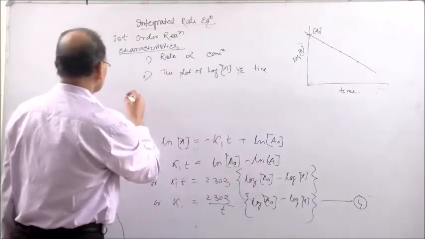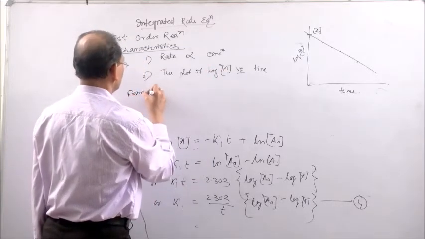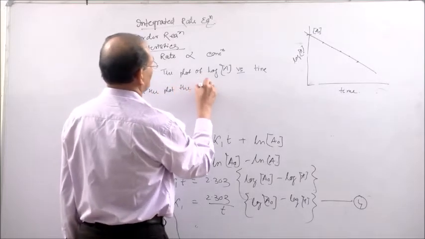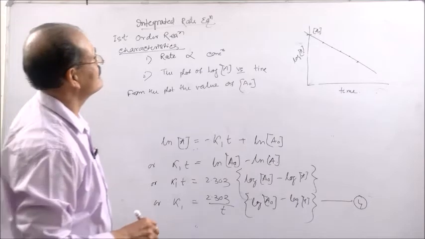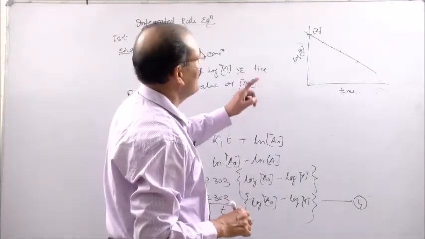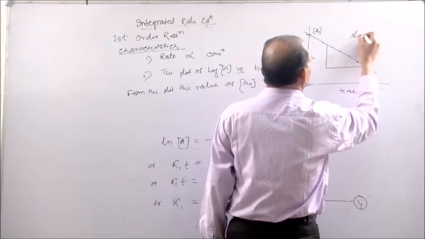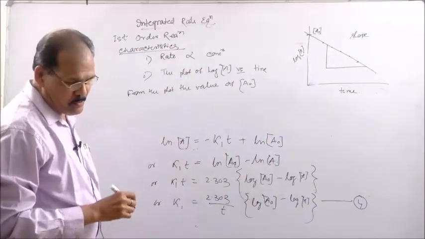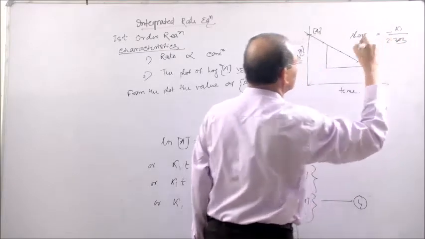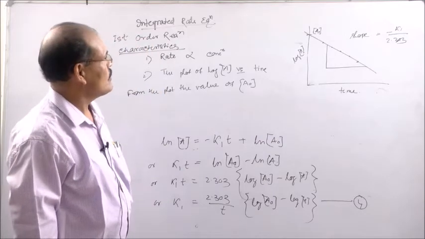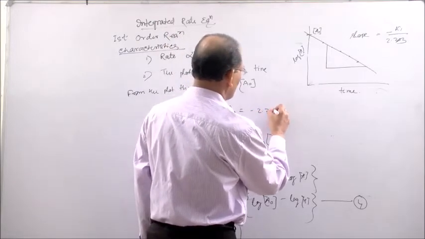So from the intercept we can find the value of initial concentration A0 from the plot, and the slope anywhere will give the value of minus k1 by 2.303, or k1 equal to minus 2.303 into the slope.